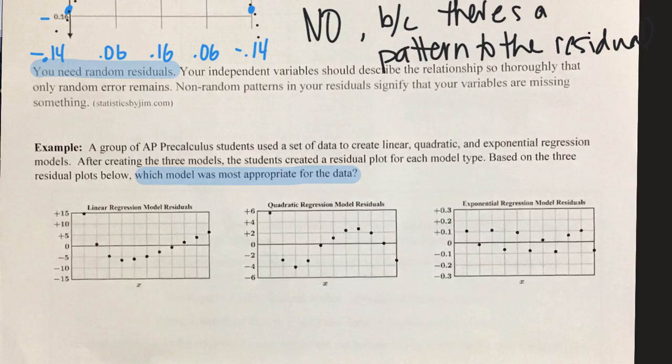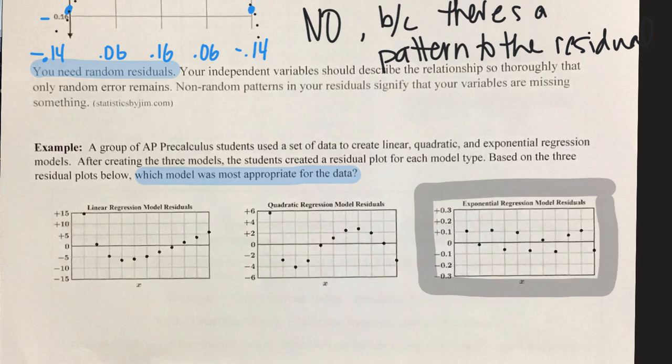The answer is this one, because the residual model is random. They do not form a pattern. If your residual plots form a pattern, then you do not have a very good model for your data.